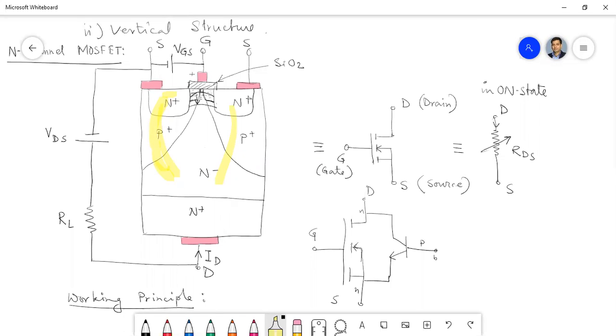If you observe minutely, if this is the emitter portion, this is the base portion and this is the collector portion, the base and emitter are shorted by this metal connector. So we can say that the base and emitter of the transistor are shorted.